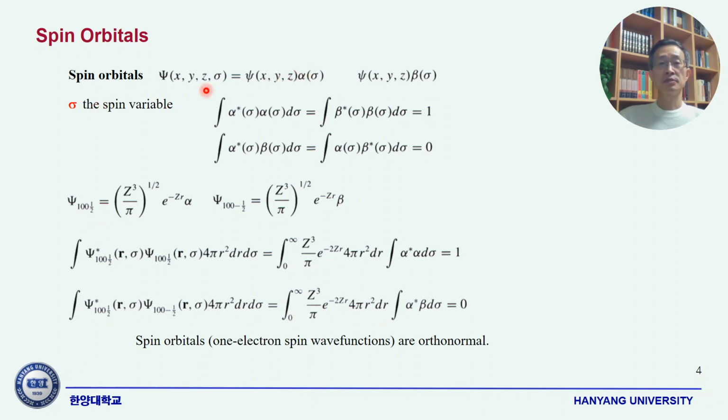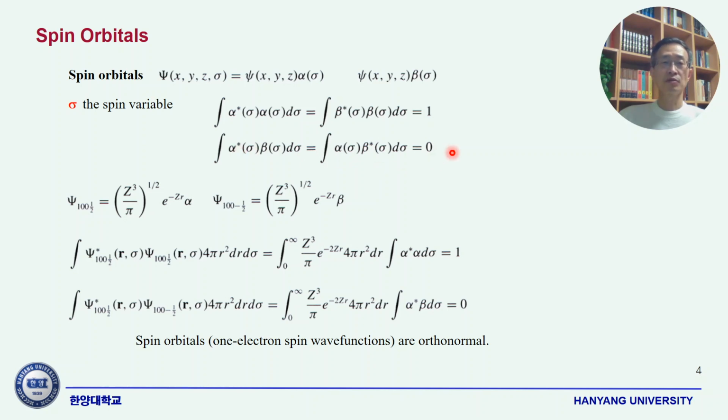You notice that sigma is the spin coordinate or spin variable. Also notice the spin functions themselves are orthogonal and normalized. So the integrals of alpha alpha dsigma and beta beta dsigma yield 1, normalized, and alpha star beta or alpha beta star equals 0.